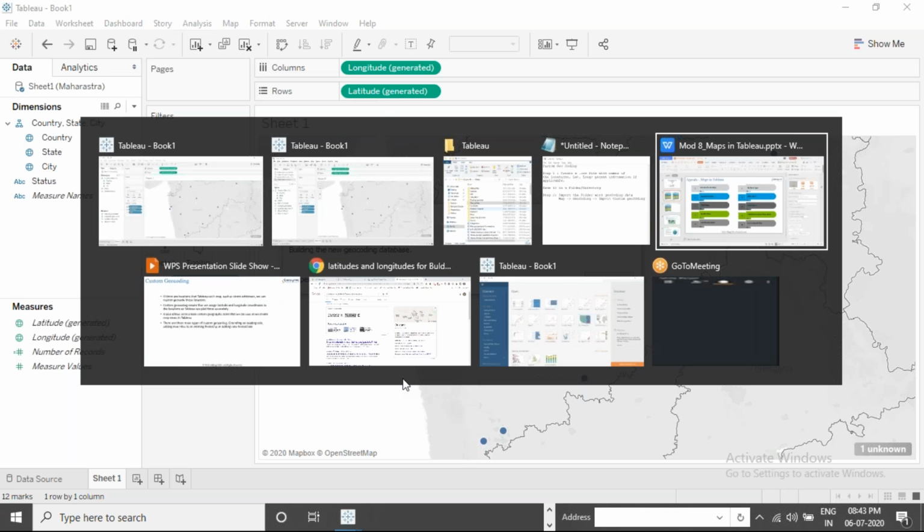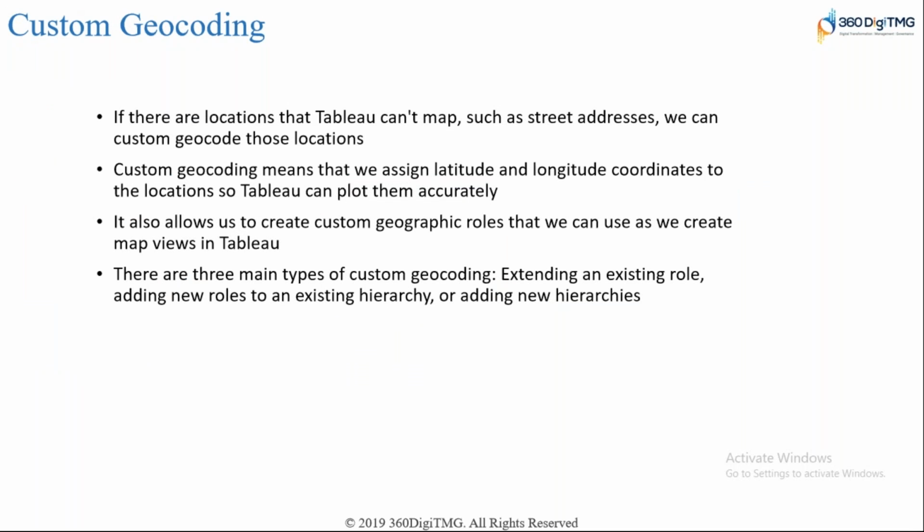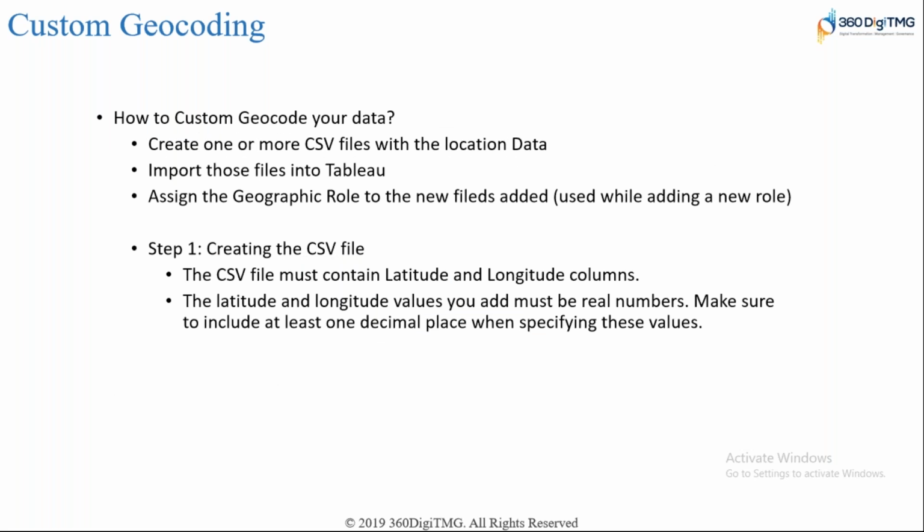Meanwhile, we will discuss a few important points. So, how to custom geocode the data we understood, and how to import that data into Tableau's repository we have understood. Now let us see what will happen.